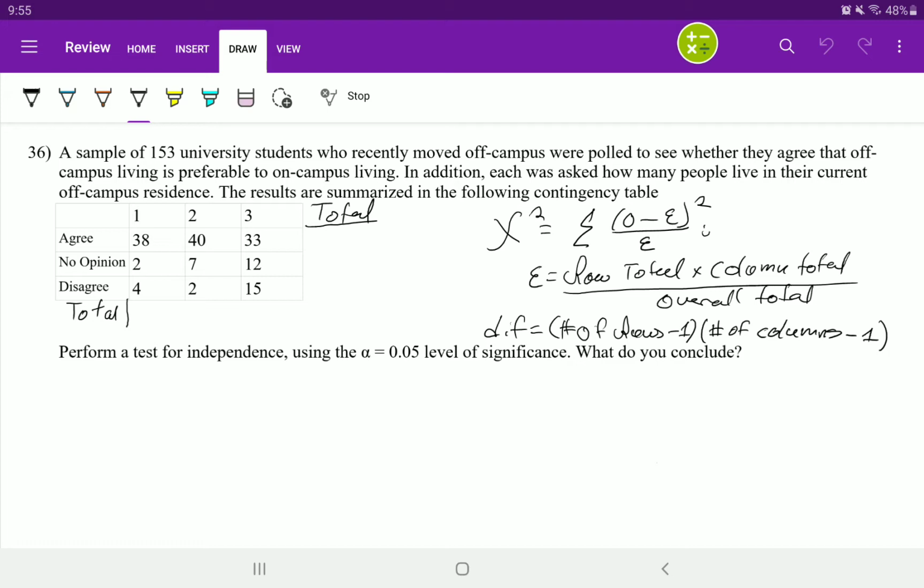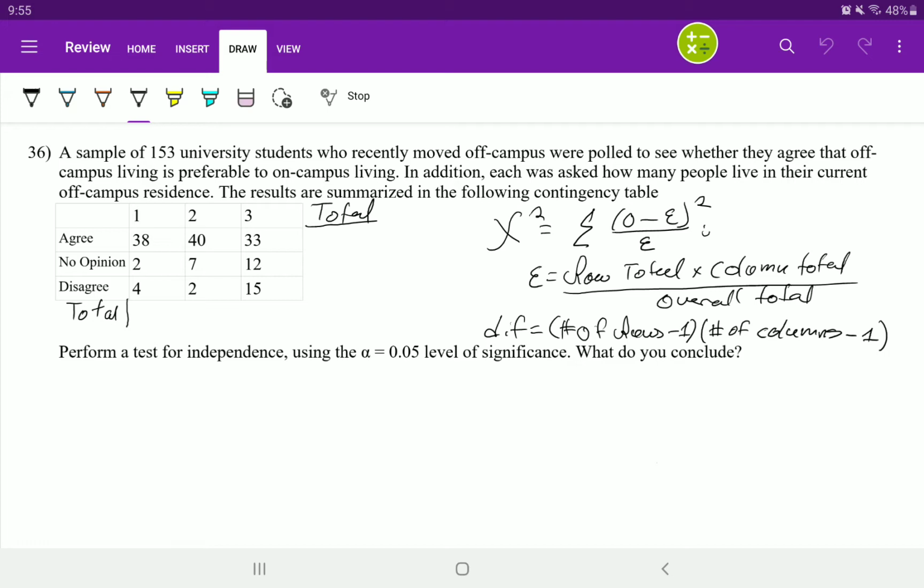So you have here your survey response, which is agree, no opinion, disagree. And then you have the number of people that you currently live with: 1 person, 2 people, 3 people. Perform a test of independence using the alpha level of 0.05 significance. What do you conclude?